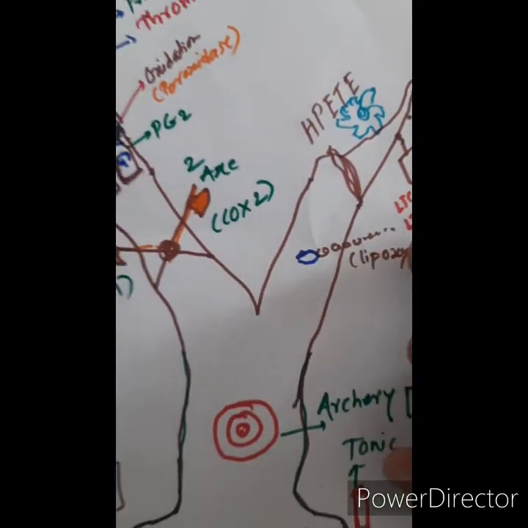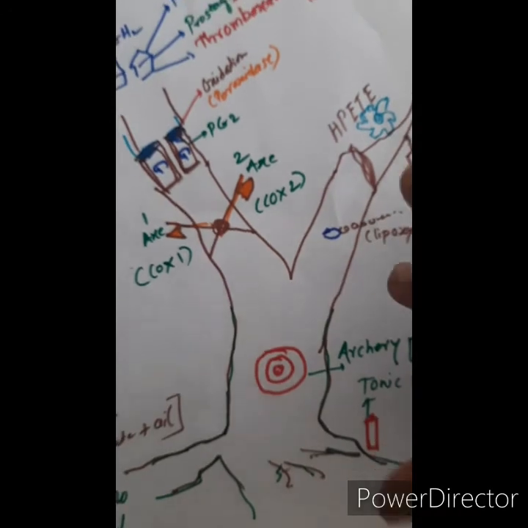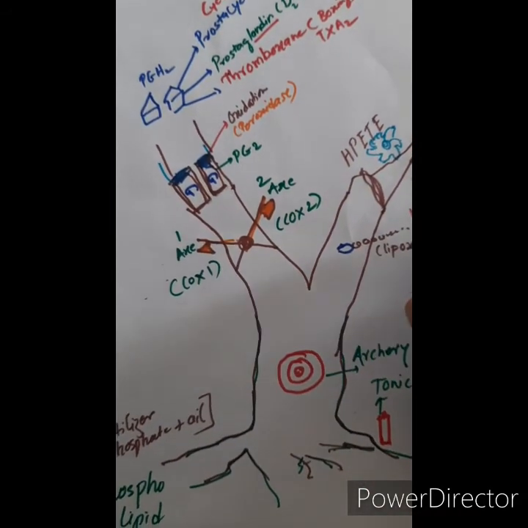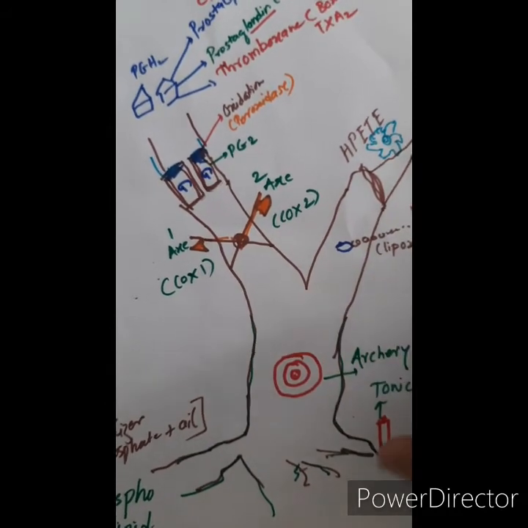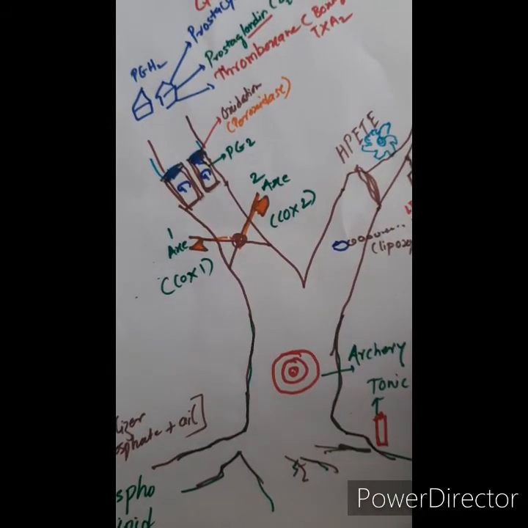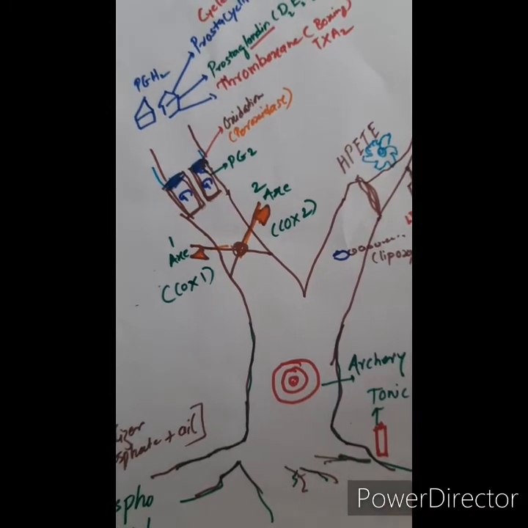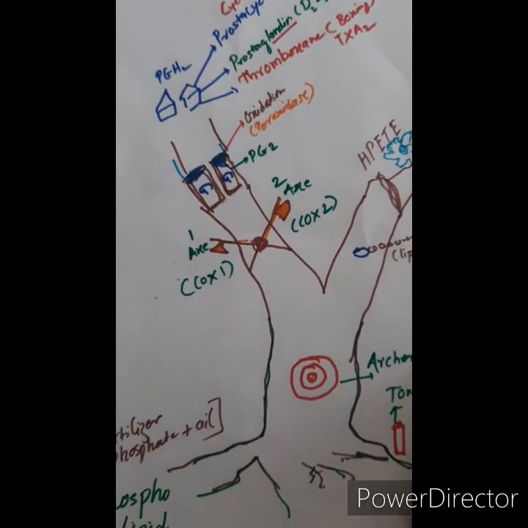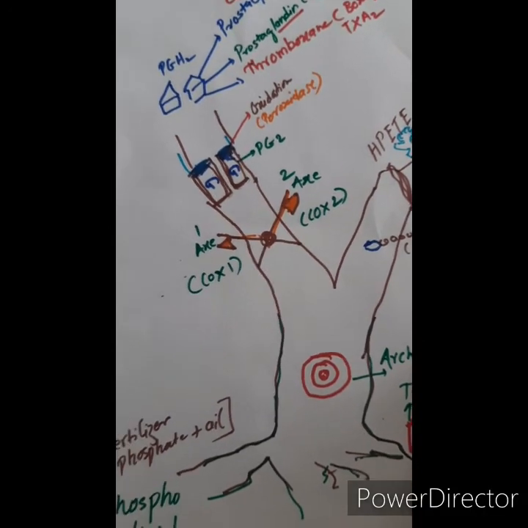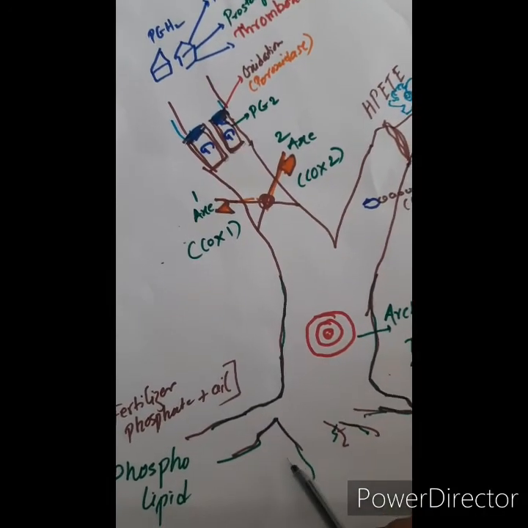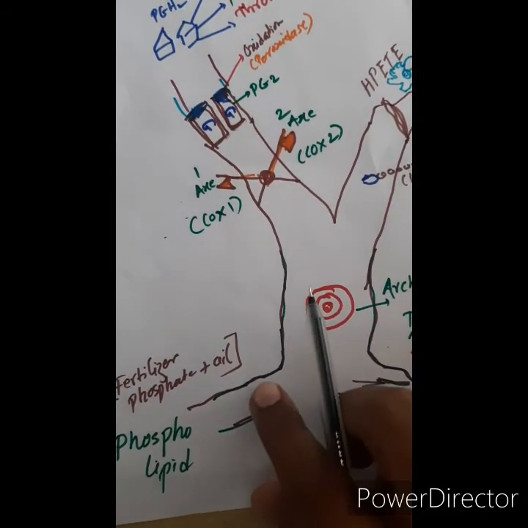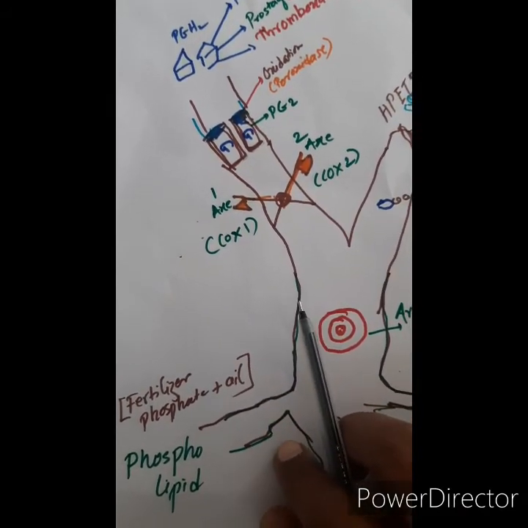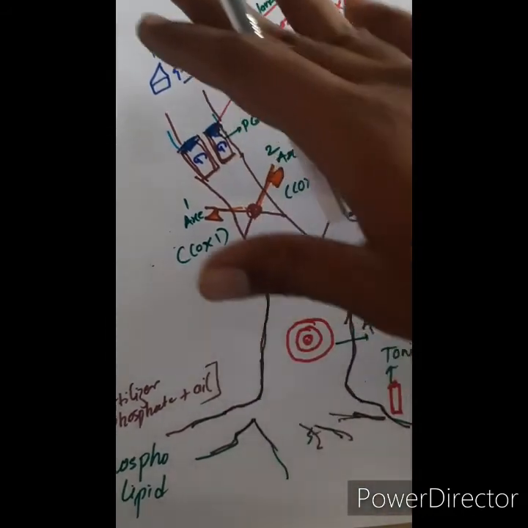So this is the way it is possible for you to remember this picture, and with this picture, the biosynthesis of prostaglandins. Now, why is it important? Because it is very important in understanding inflammation. The corticosteroid drugs act here. They block the phospholipase enzyme and don't let these things happen.